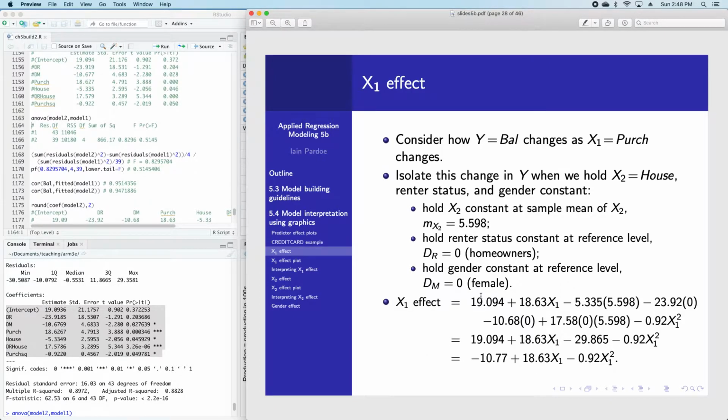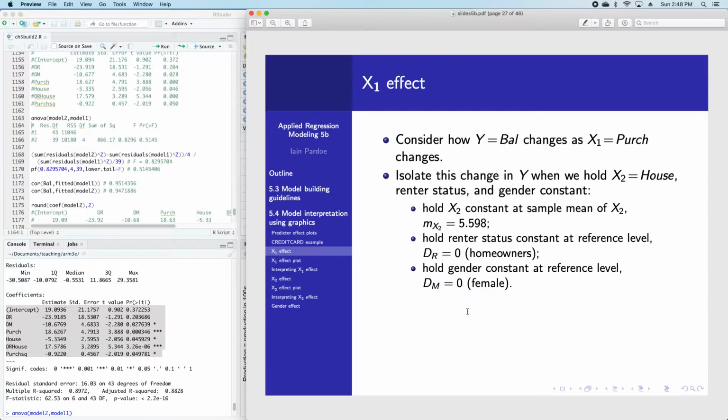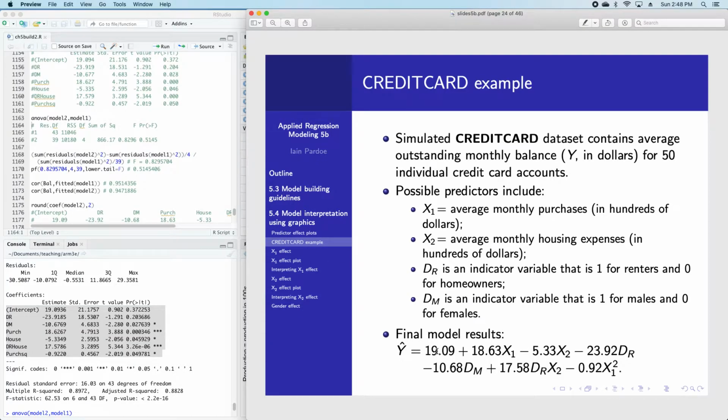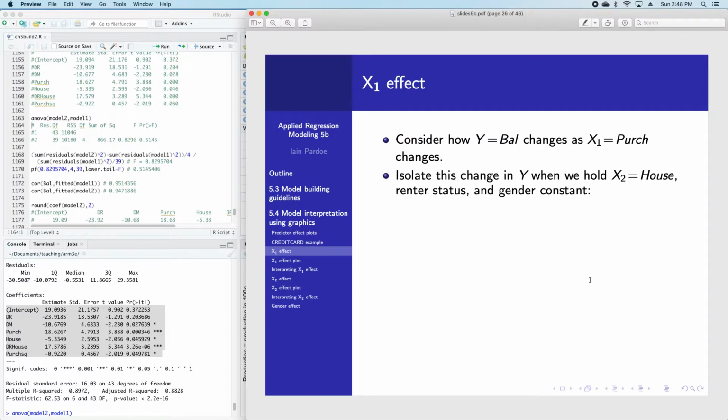To do that, I take these values and plug them into my regression equation. My regression equation was this equation down here. So I plug in the mean of x2 here, dr equals 0 here, dm equals 0 here, and so on.